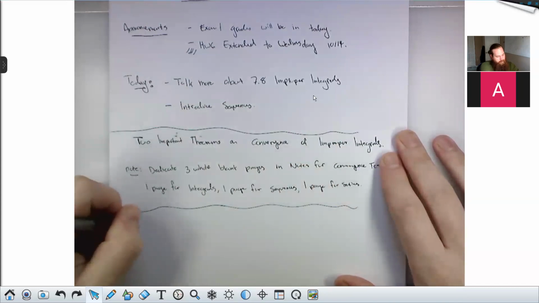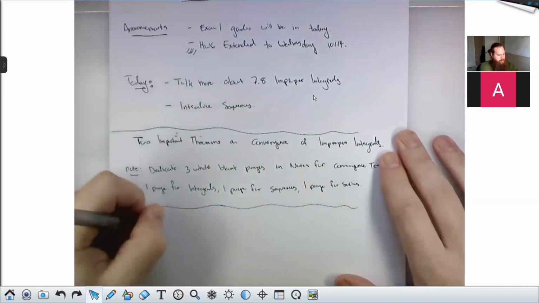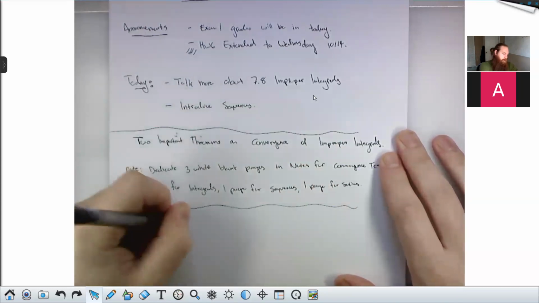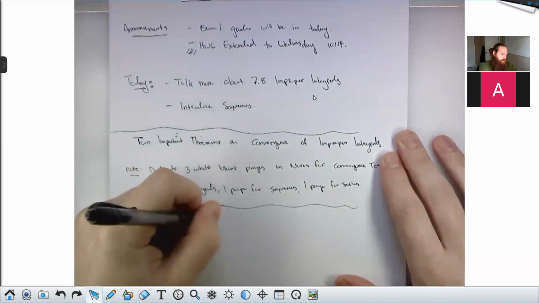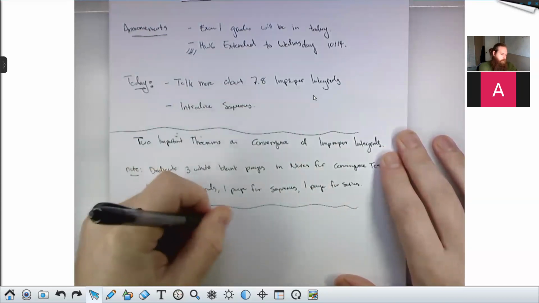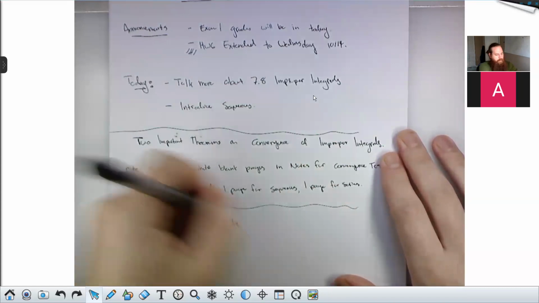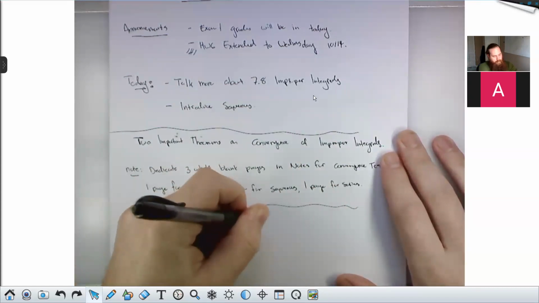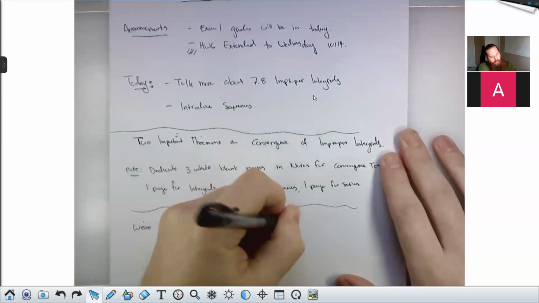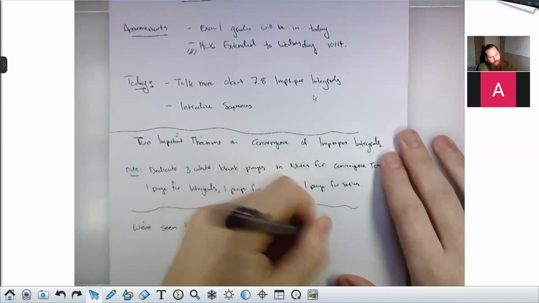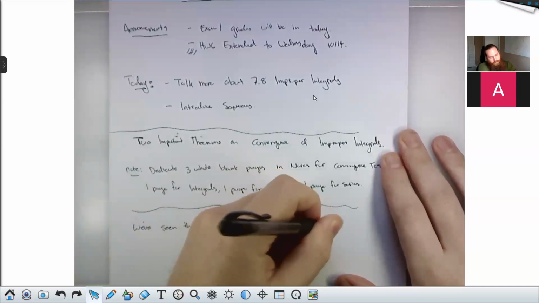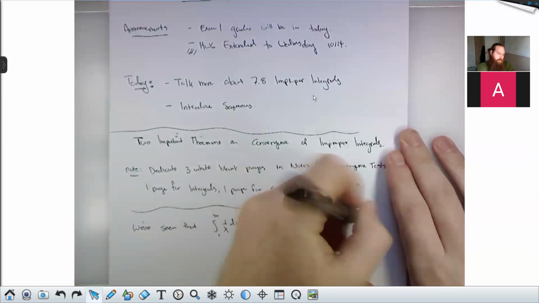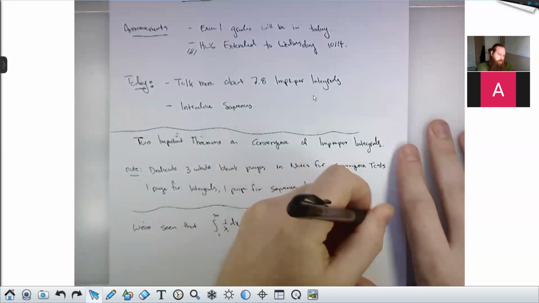So we've seen that the integral from 1 to infinity of 1 over x dx diverges and the integral from 1 to infinity of 1 over x squared dx converges.